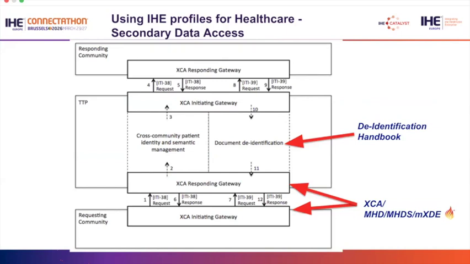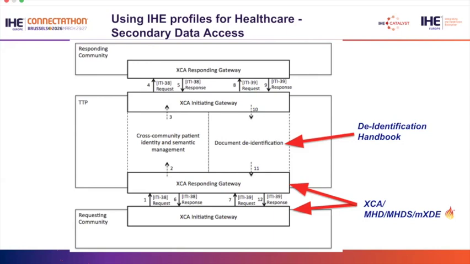And that at this stage is guided by the de-identification handbook, which is an ITI work item, and that work is actively being updated. And so we are also contributing a secondary use case here for clinical access with respect to EHDS2 that could be used to conduct that or as a guide for conducting the de-identification there.